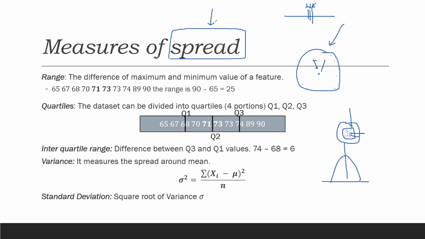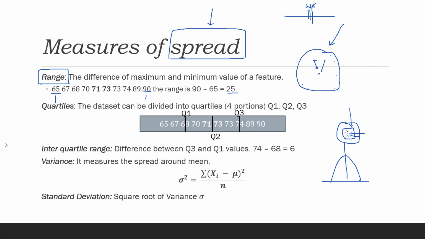The first thing we have in measures of spread is something called range. Range is very simple. You just look at the least value and the maximum value. Range is nothing but the difference between the two values. So 90 minus 65, in this case 25, is the range.